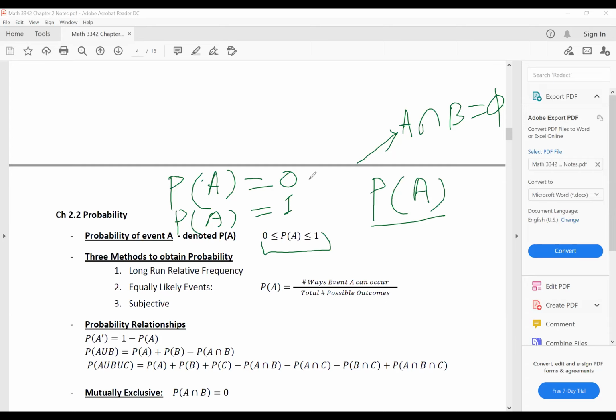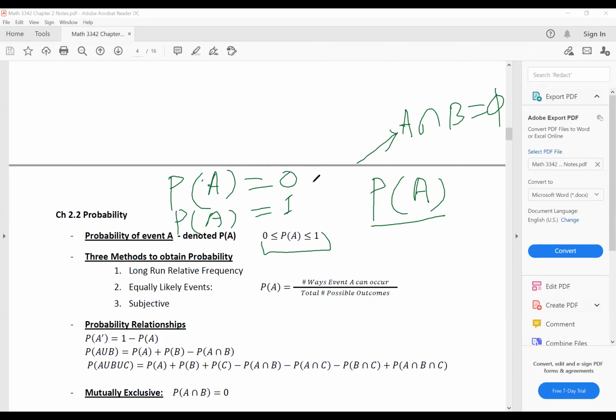When there is no chance that the event will occur, then the probability will always be 0. For example, what is the probability that tomorrow is Monday? The probability is 0, right? Because we certainly know that tomorrow is Wednesday, not Monday.